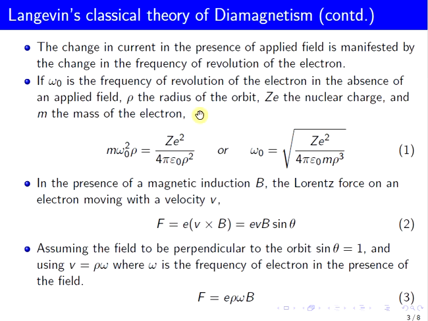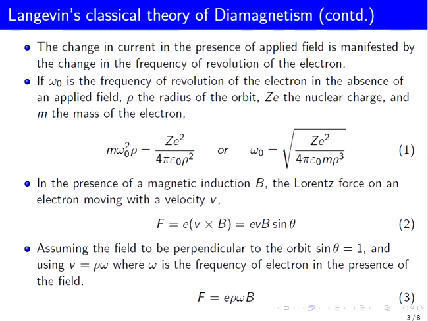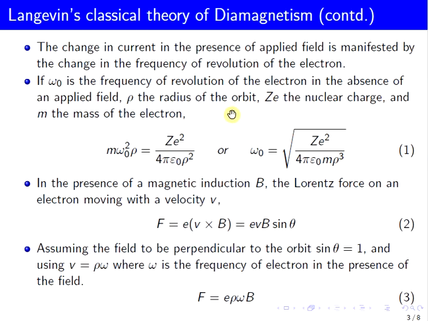The change in the current in the presence of the applied field is manifested by the change in frequency of revolution of the electrons. If omega 0 is the frequency of revolution of the electron in the absence of the applied field, and rho is the radius of the orbit and v is the linear velocity of revolution of the electron, then we can equate m omega 0 square rho equal to Z square by 4 pi epsilon naught into rho square.